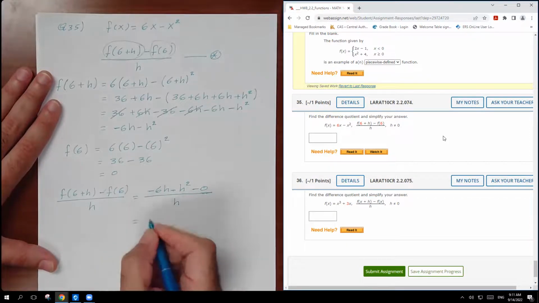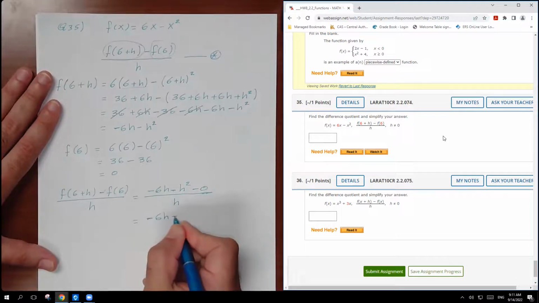That means it is going to be negative 6h minus h squared over h.